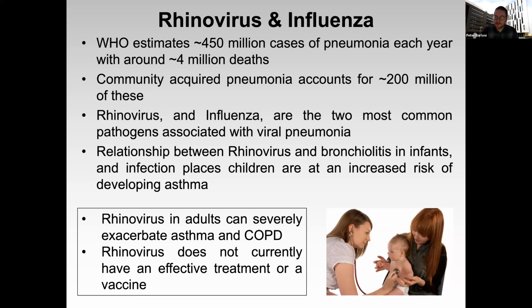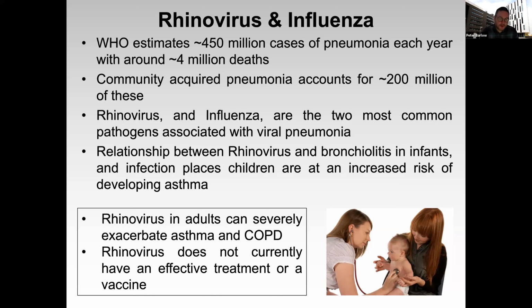Now, rhinovirus, as Dr. Morrison mentioned, is a relatively innocuous virus, but it has been shown that there's a relationship between rhinovirus and bronchiolitis in infants. Bronchiolitis is an acute inflammatory condition in infants, which can be life-threatening in some instances.